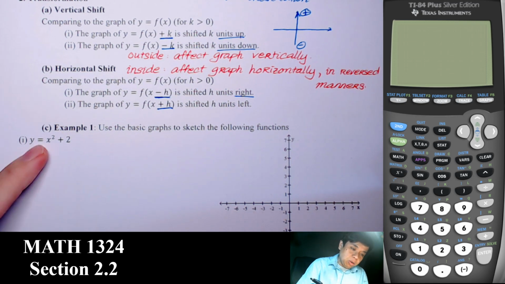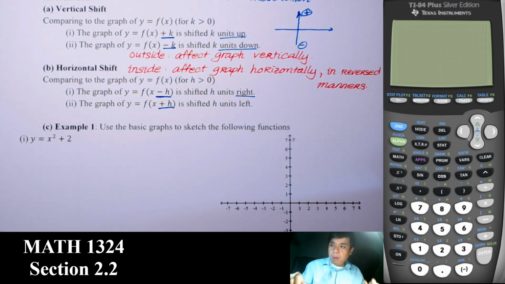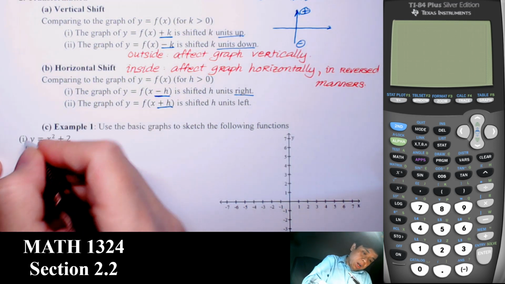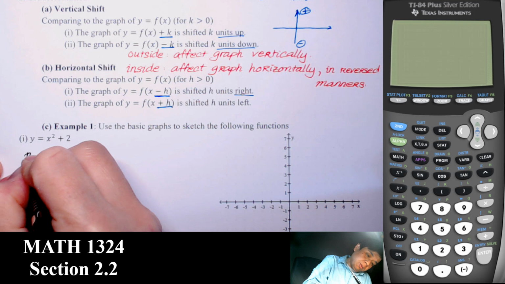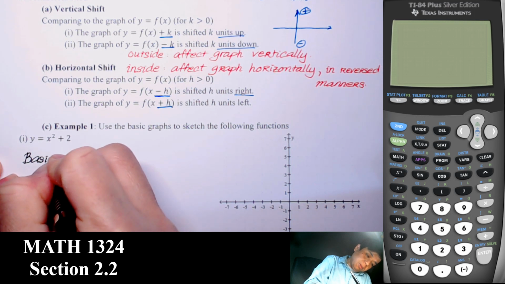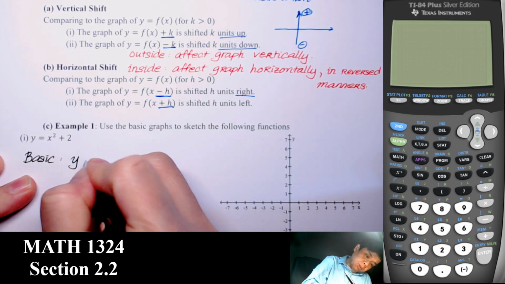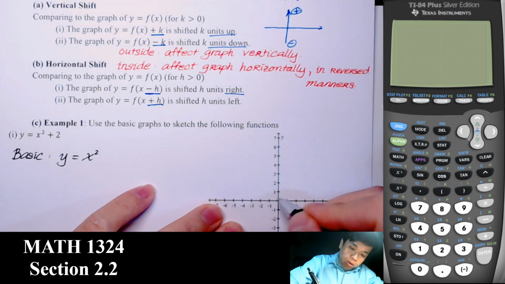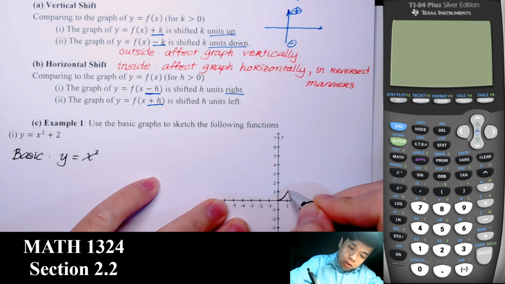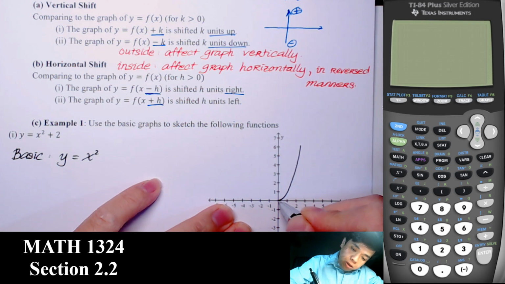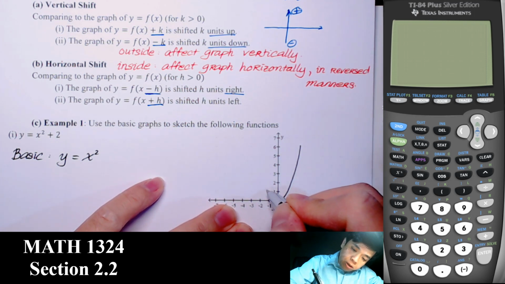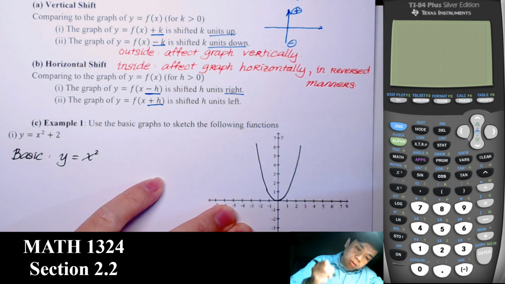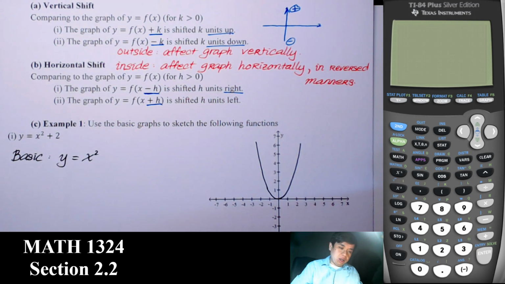The basic graph on the previous page here is the square, or quadratic. It would look like this. So that's x squared.